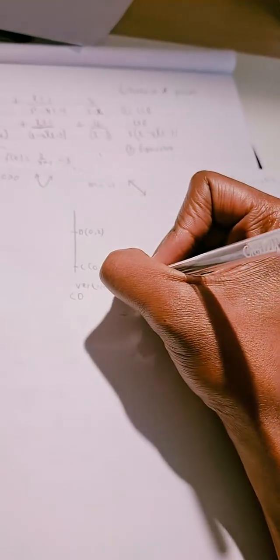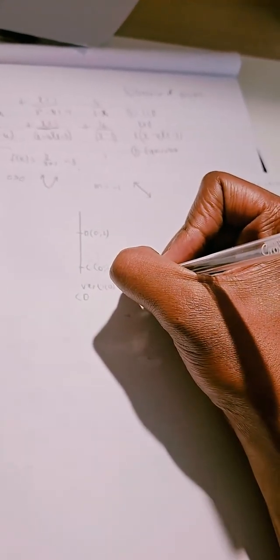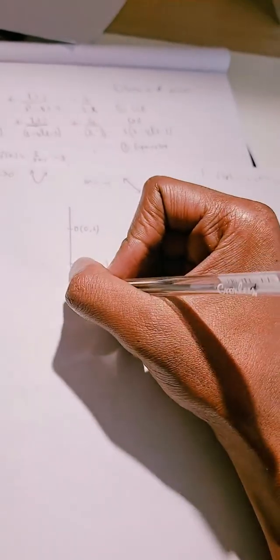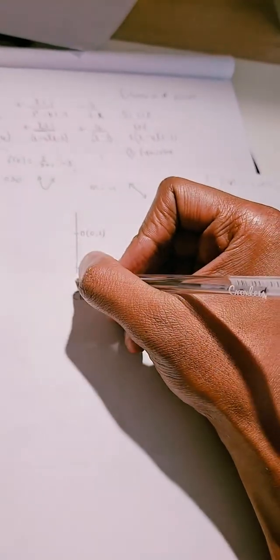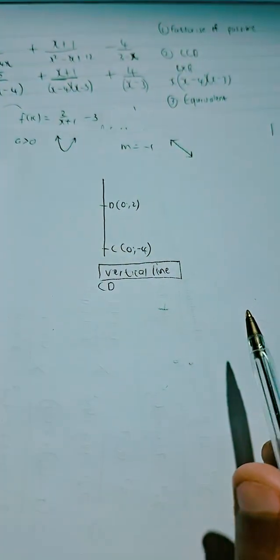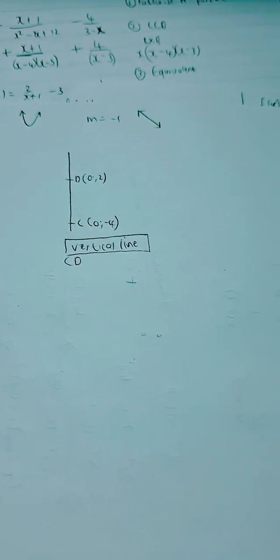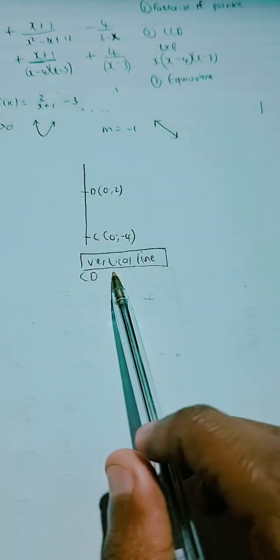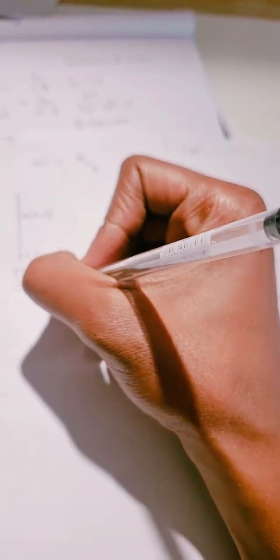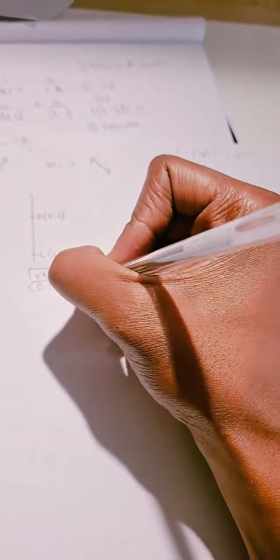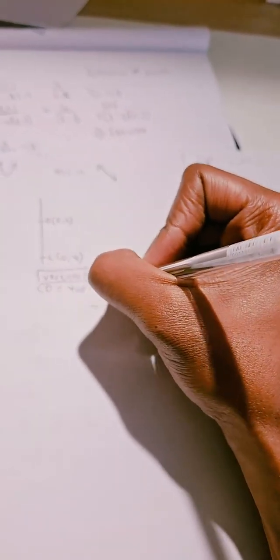I know, guys, that you know there's a distance formula, which is used in your analytical geometry. You can use that, but the shortest way is saying y at the top minus y at the bottom.